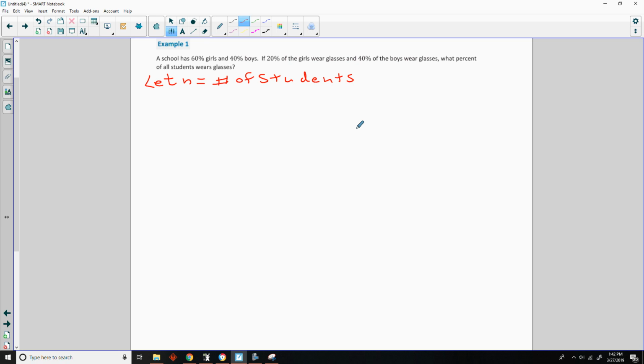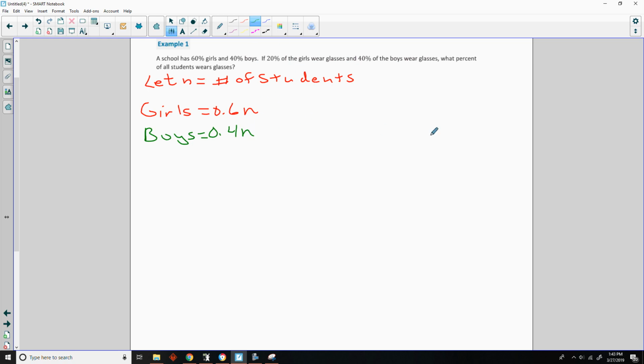The number of girls, using the letter N, would be 0.6N. And boys would be 0.4N, because girls plus boys would equal 1N, or 100% of the number of students.